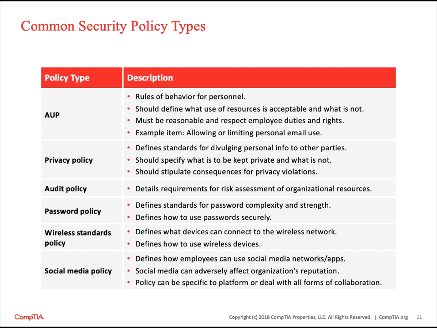So maybe we will allow personal email use, or maybe we will not, right? Because when we allow personal email use, they may start using that email everywhere online, right? And then that opens us up to targeted phishing campaigns, and that will inadvertently let somebody into our network. So we've got to make a balance there.